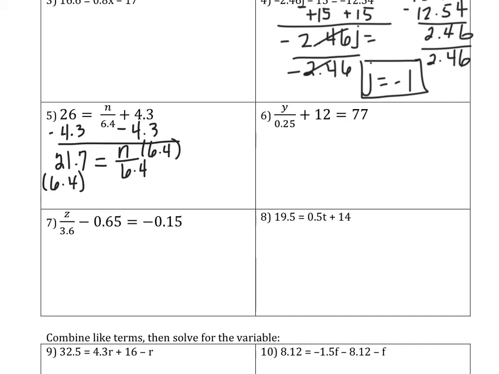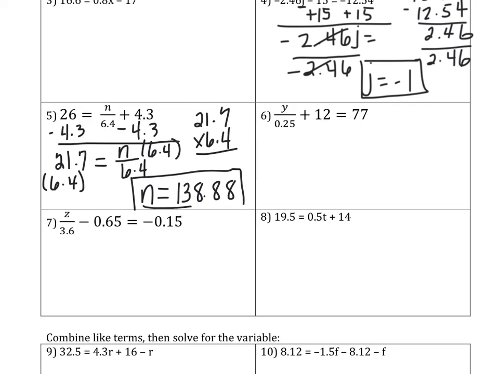And so you're going to have 21.7 times 6.4. And that is going to give you n equals 138.88. So again, don't let the problem itself, the equation itself, intimidate you. Just do the steps that you know to do.